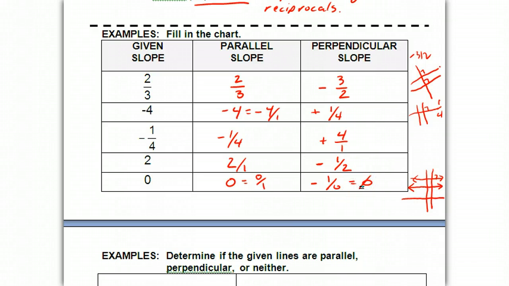That has no slope. Okay? So anytime that you see a slope that has 0, the line that's perpendicular to it will have an undefined slope. It's going to be a vertical line. Just like the line that has a slope of 0 is going to be a horizontal line.